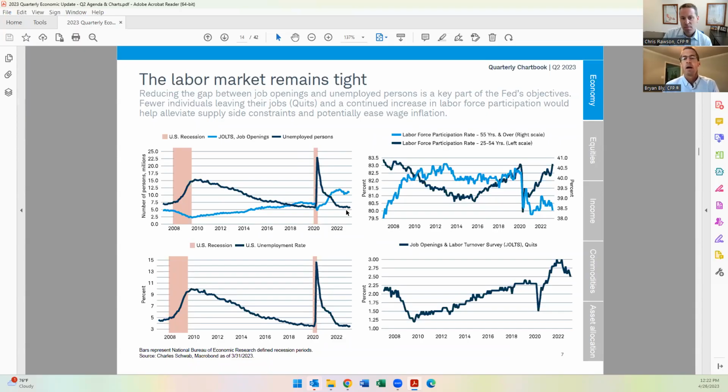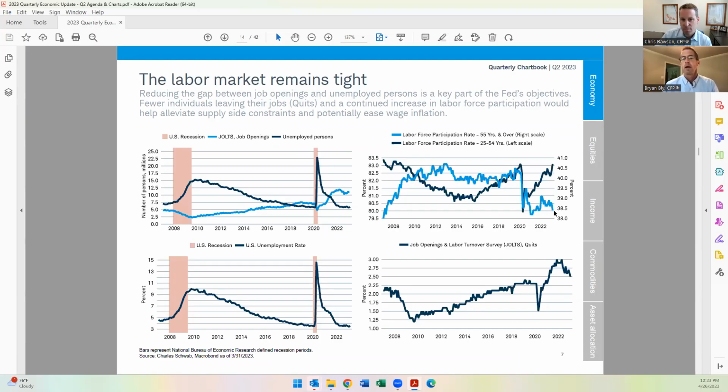Whether that's job openings going down or unemployment going up a bit, that ultimately will help ease inflation. And then on the upper right, as noticed, the labor participation rate. Over this last quarter or so, the labor force participation for 25 to 54-year-olds has gone up about 0.25%. Meanwhile, those 55 and older has gone down about 0.25%.